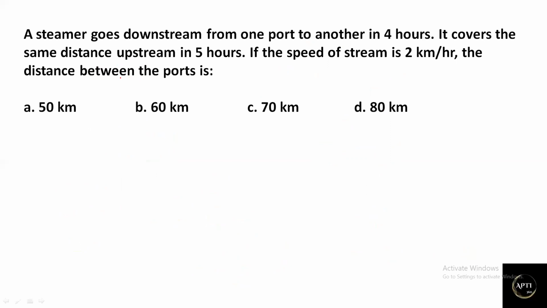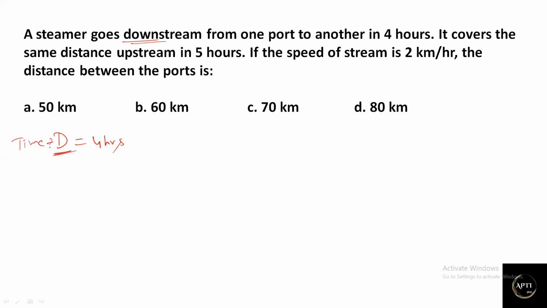Again, the same concept here. The data they have given is, downstream he will take 4 hours. Downstream here is not only about the speed, it is the time taken for downstream, 4 hours.